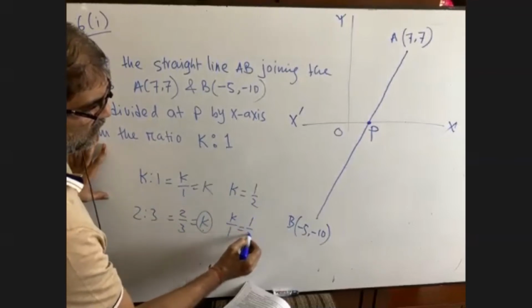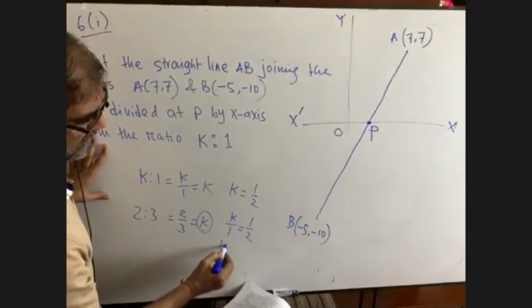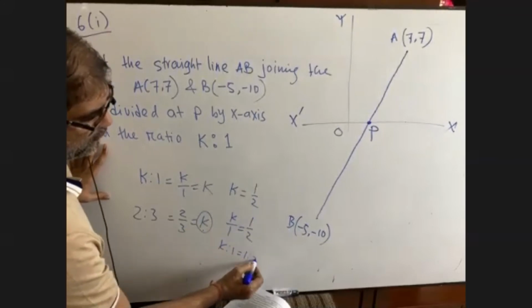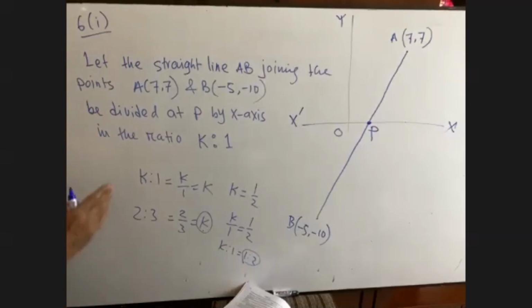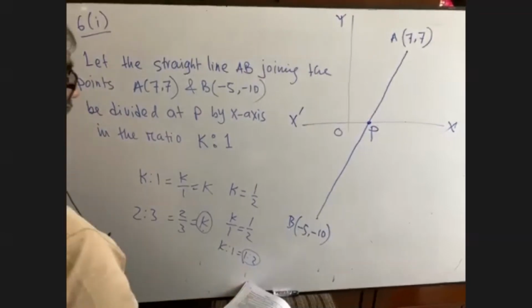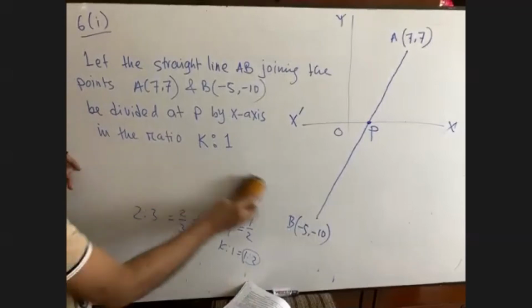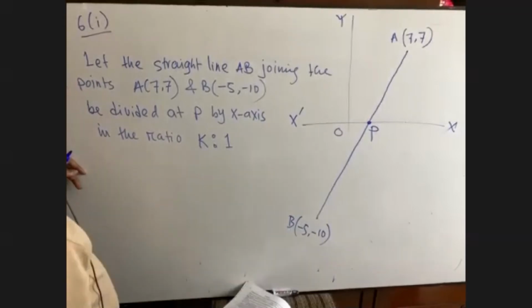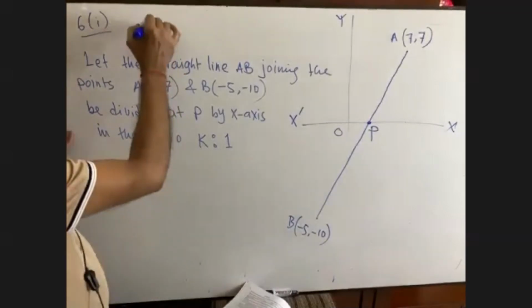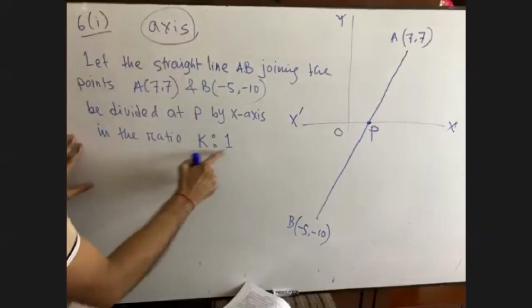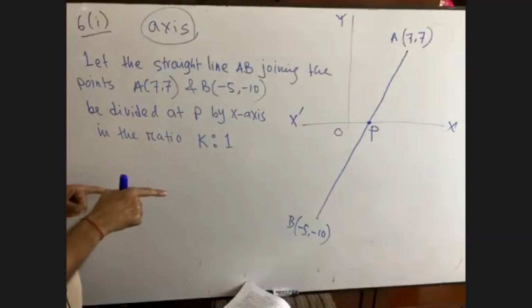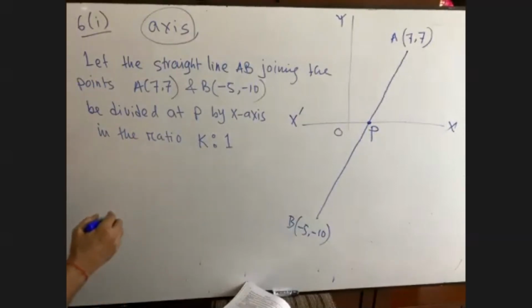K by 1 means 1 by 2, so it can be written k:1 equals 1:2, and we will get the ratio. Let me do the math, then you'll come to know. Another thing, if there is any question regarding axis, you will always let k:1. But I'll tell you why.